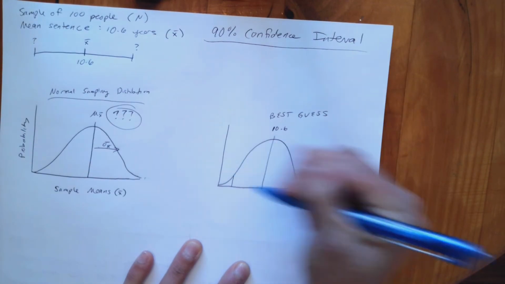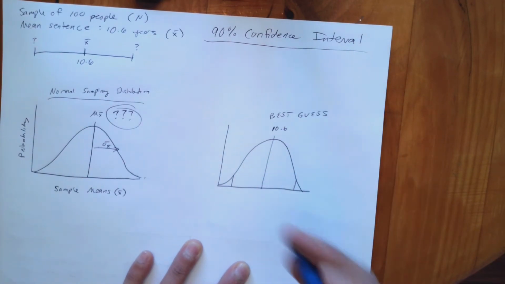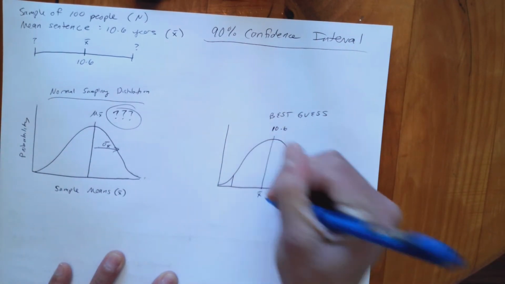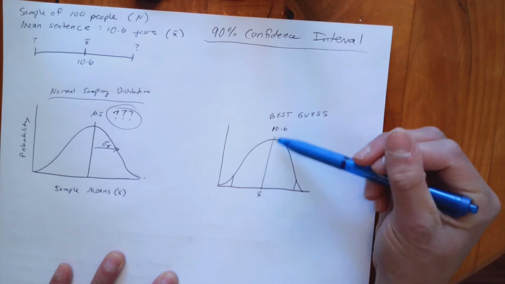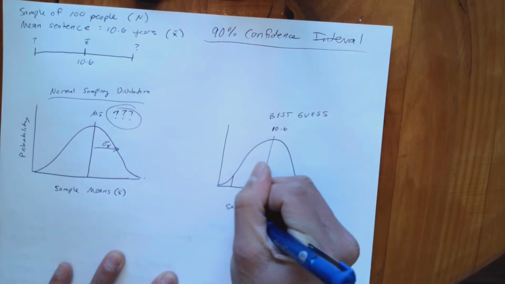And so essentially what we're trying to do here is we've got x bar, so these are our sample means again.